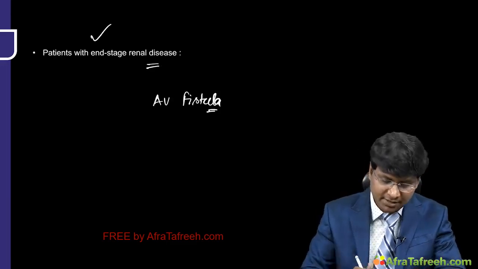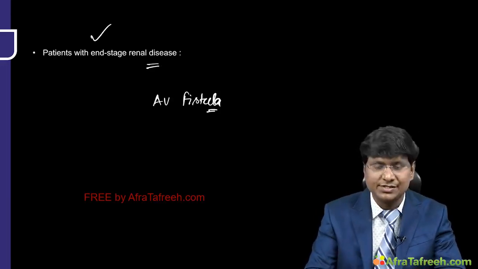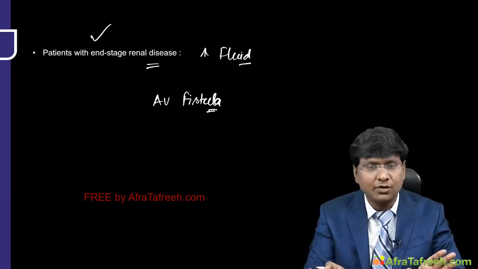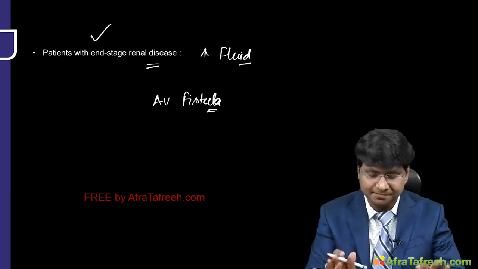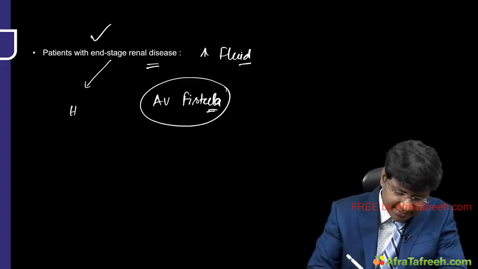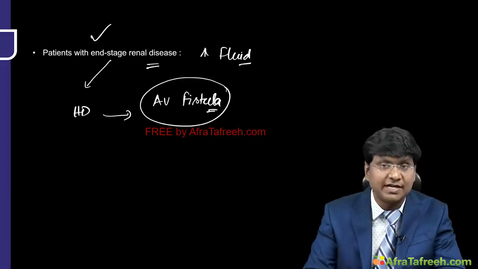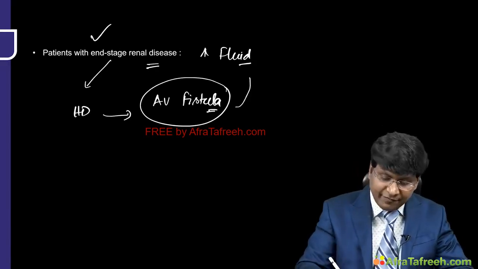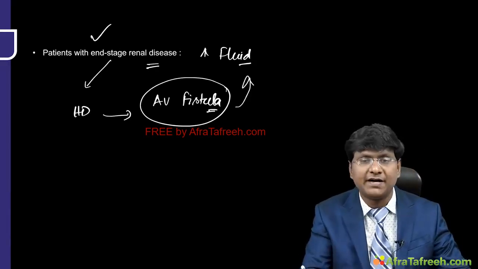Like for example, a patient with end-stage renal disease. So what will happen? There is the fluid overload that will cause the heart failure. And apart from that, these patients are started on hemodialysis, for which an AV fistula is created. And AV fistula is a high output state that will further contribute to the development of heart failure.